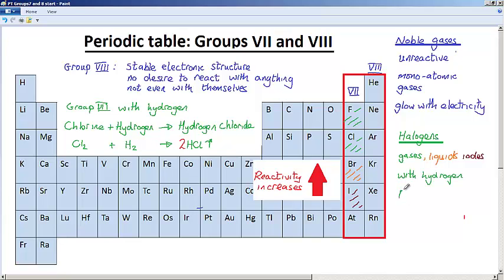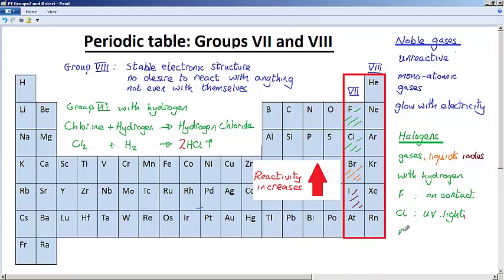When fluorine reacts with hydrogen, it will do so on contact. However, when chlorine reacts with hydrogen, that won't happen on contact, but you can make the two react just by illuminating the mixture with UV light.